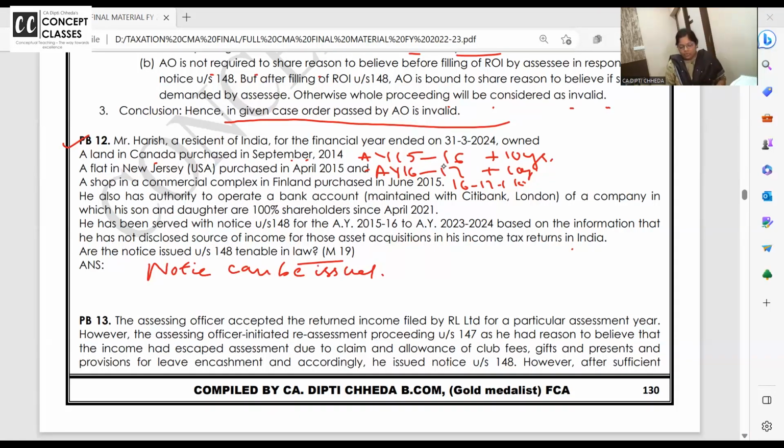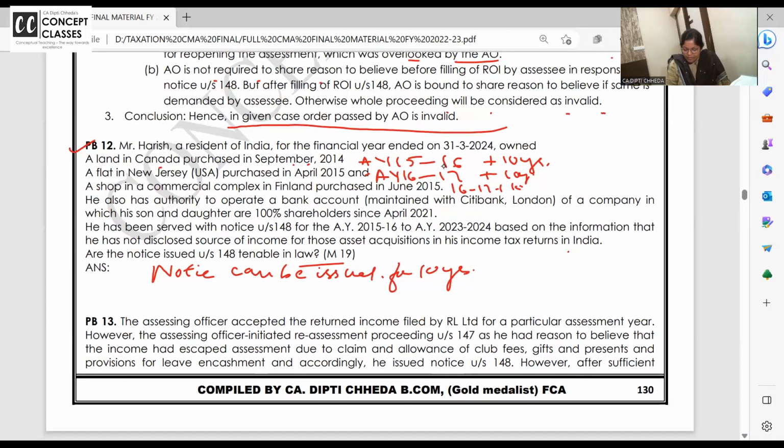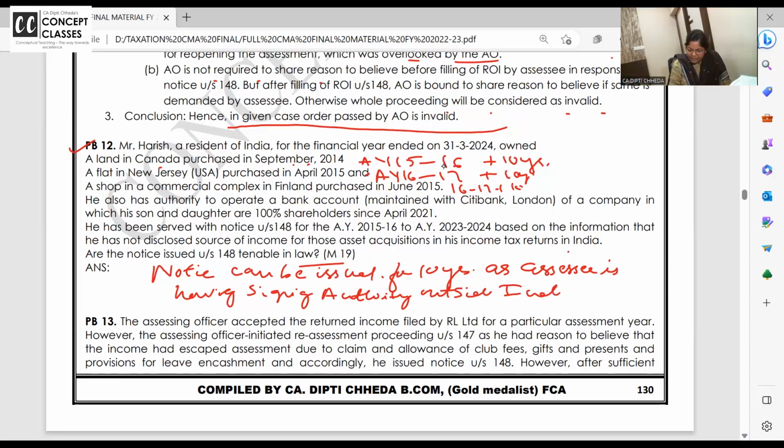Notice can be issued for 10 years as SSC is having signing authority outside India.